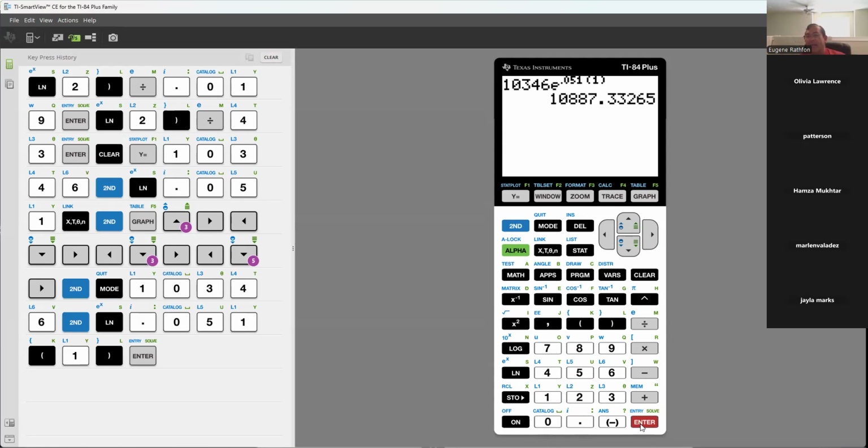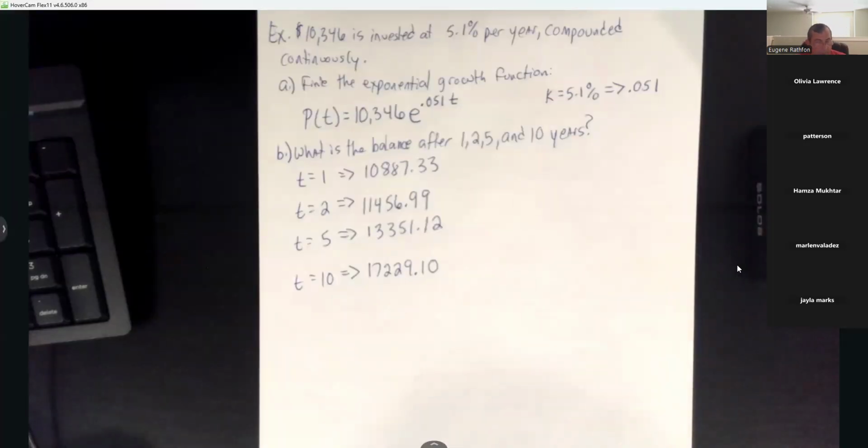And you still get 10,887.33. So y'all, either way, you can do them individually 4 times, or you can go to graph and get all the 4 amounts, okay? Either way on that. So that looks like that on that.